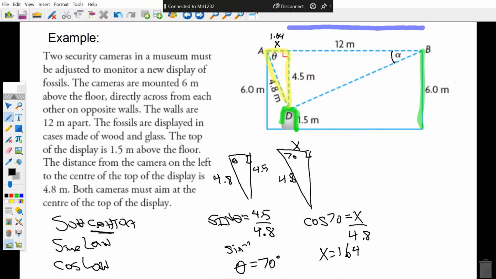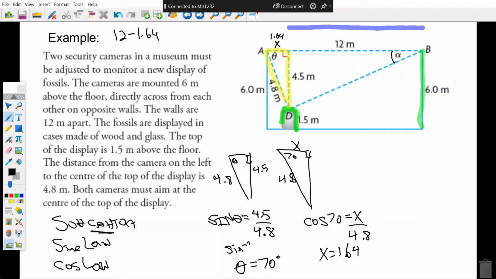That means that 12 minus 1.64. You go cos 70, you get 0.342, times that by 4.8, and you get 1.64.